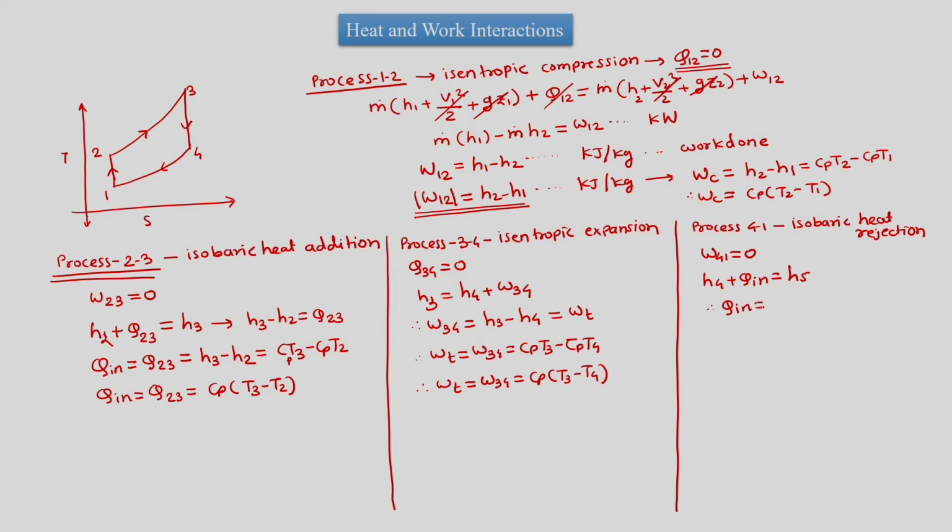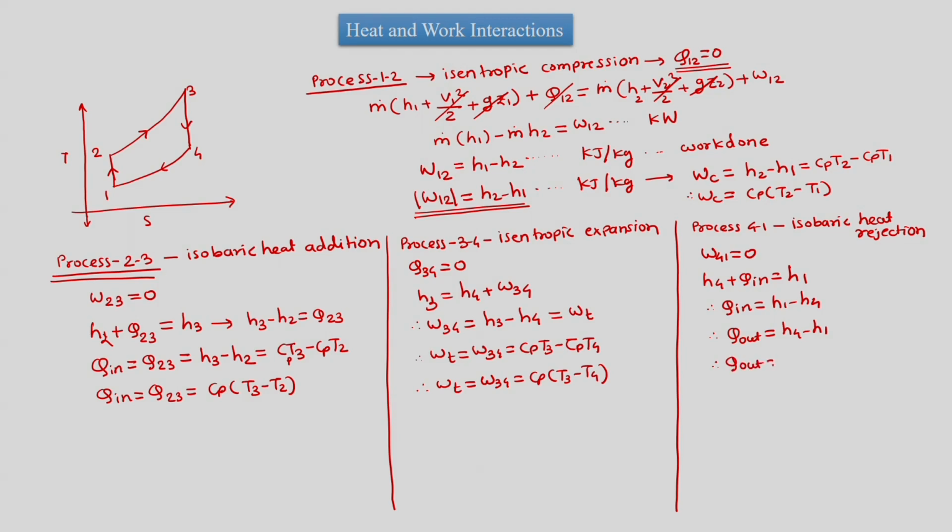So Qin is equal to H1 minus H4, but we know this process is heat rejection, so Qout is equal to H4 minus H1.